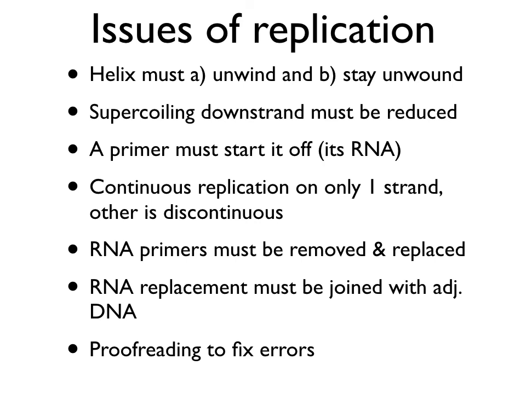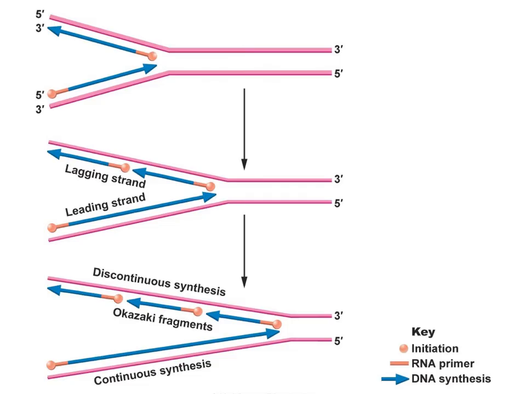The other cannot be continuously replicated. And let's look at why that is. So here's an illustration showing we split apart the DNA a little bit, and we have to make the new DNA in the 5 to 3 prime direction. So let's look at that top illustration.